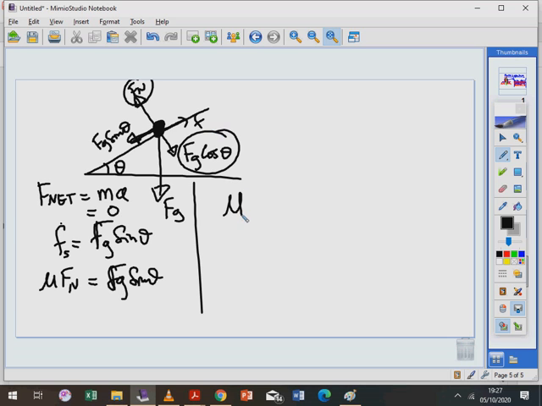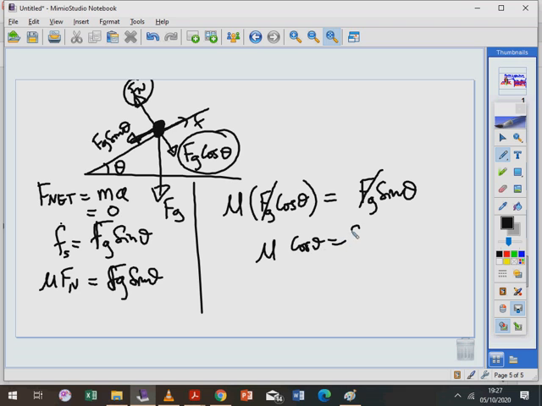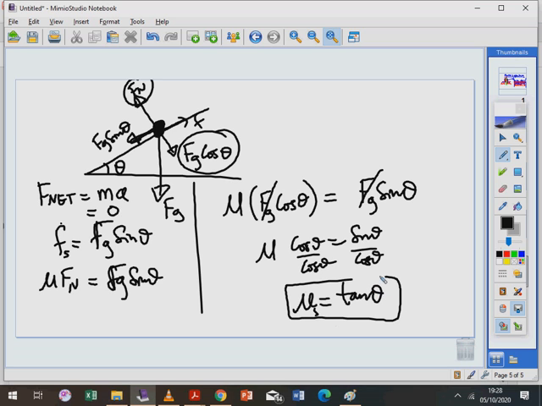So my equation is going to be mu times Fn, which is Fg cos theta, equals Fg sine theta. If you look closely, the Fg cancels out and I end up with mu cosine theta equals sine theta. If I divide by cosine theta, I end up with the coefficient of static friction on an incline being equal to the tan of the angle theta. I hope you'll do some examples on this as well.